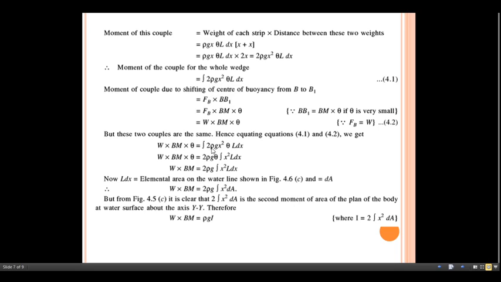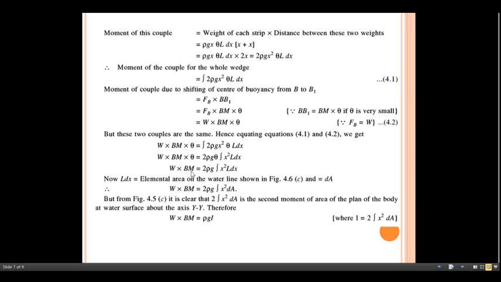This equals the integration of 2 rho g x squared into L into dx. Now take the 2 rho g theta term out. The remaining part is written within the integration sign. After that, theta gets cancelled.